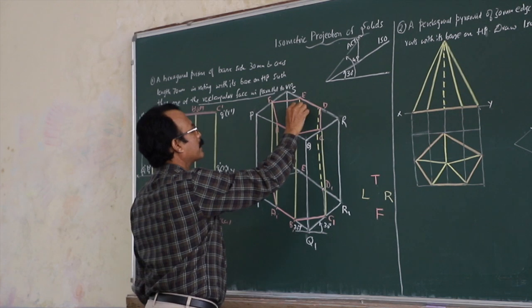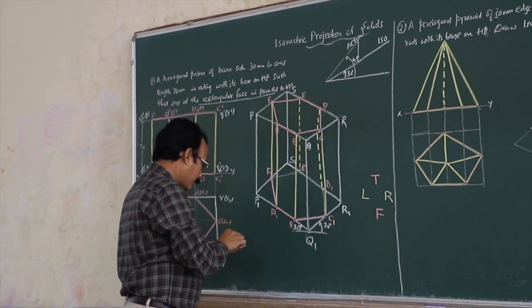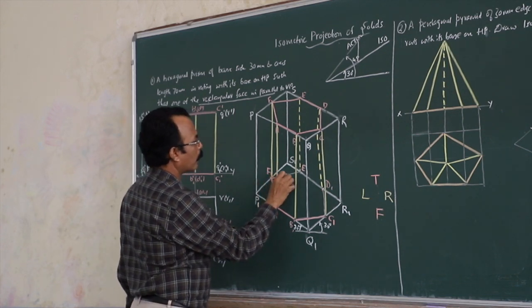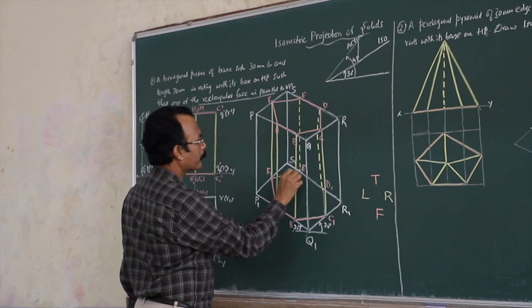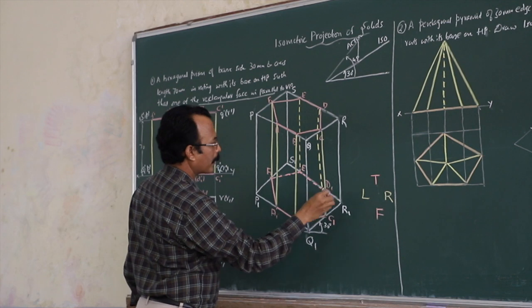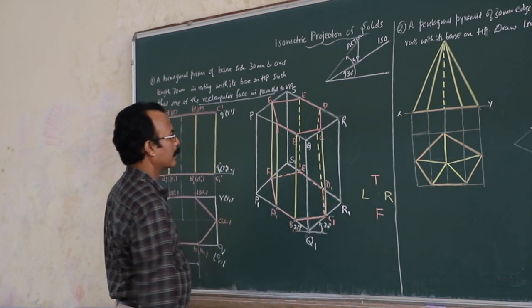Then same case E and E1 must be dotted. Okay. Then please complete the bottom portion also here. F1 E1 will be dotted, E1 D1 will be dotted, and E1 C1 will also be dotted there, right?